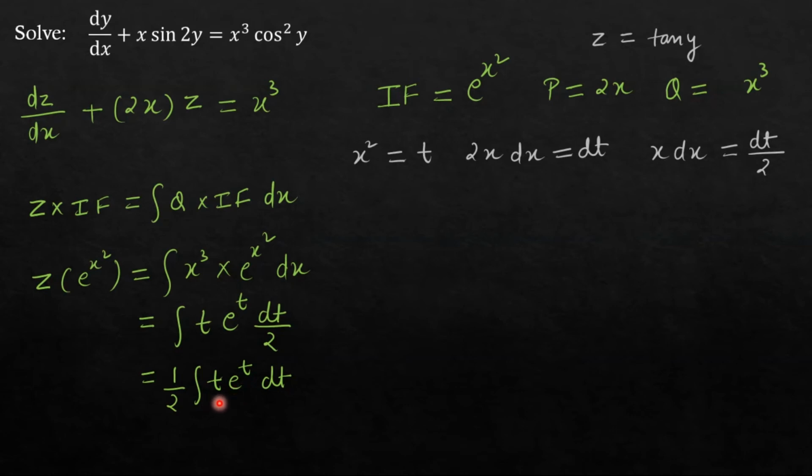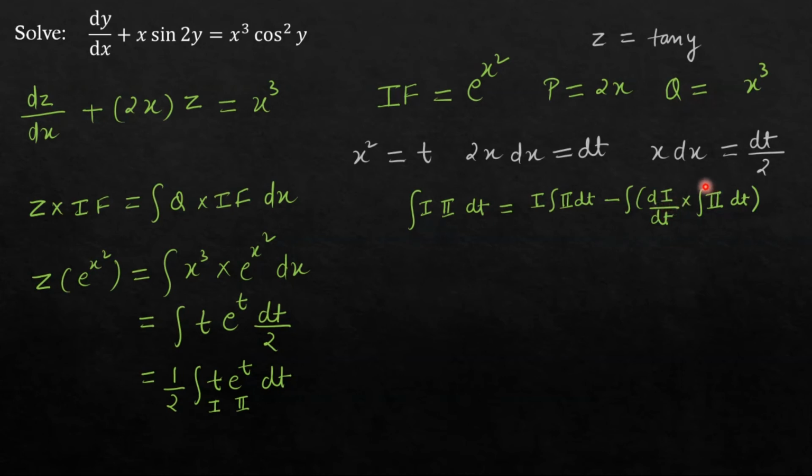Let us say t is my first function and e raised to the power t is the second function. Now I have a shortcut for this. Suppose I need to integrate two functions, first and second, which are multiplied together. The integration is given by first function into integration of second function, minus integration of differentiation of first function into integration of second function. This is the formula.